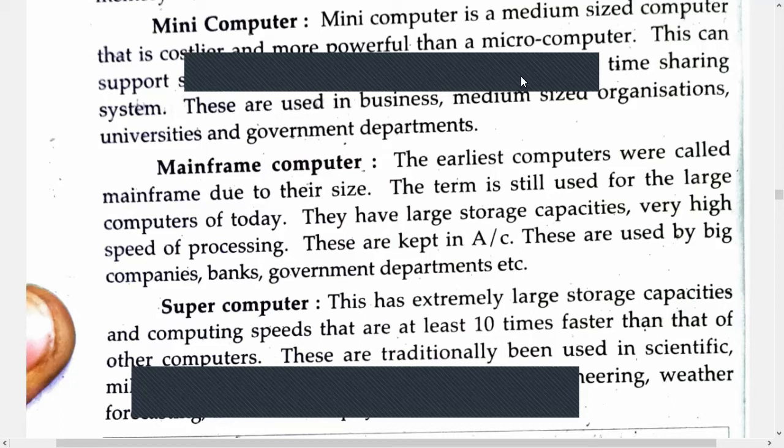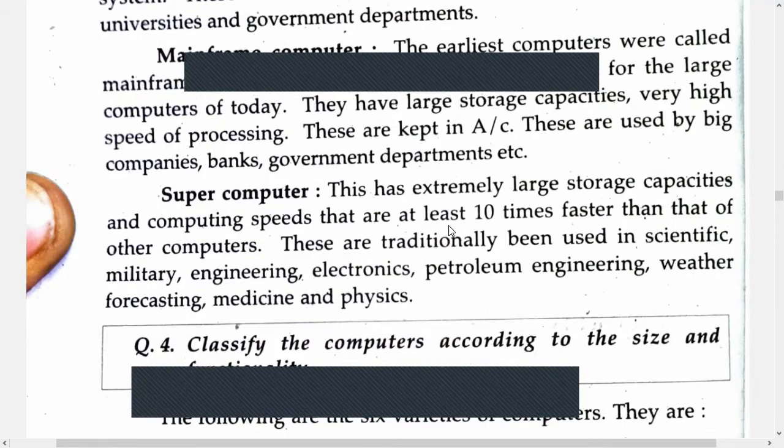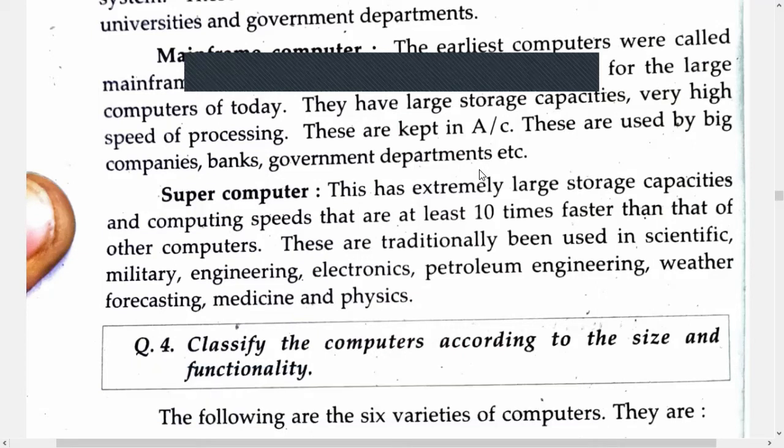Further, we have the supercomputer. This has extremely large storage capacities and computing speeds that are at least 10 times faster than that of other computers. These are traditionally used in scientific, military, engineering, electronics, petroleum engineering, weather forecasting, medicine.